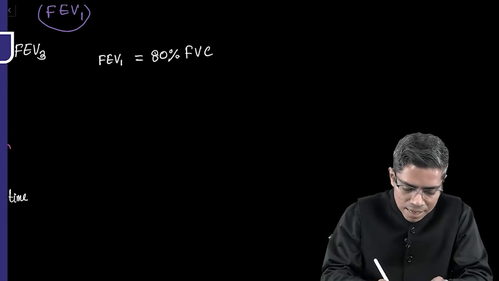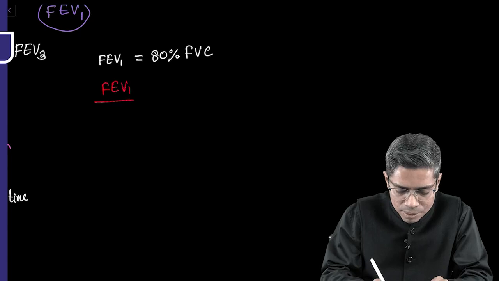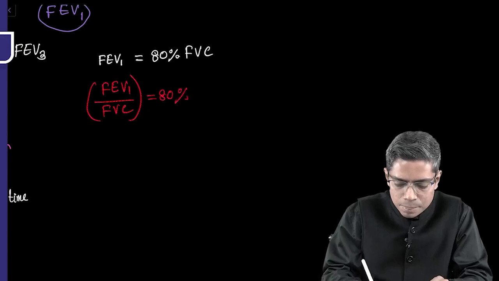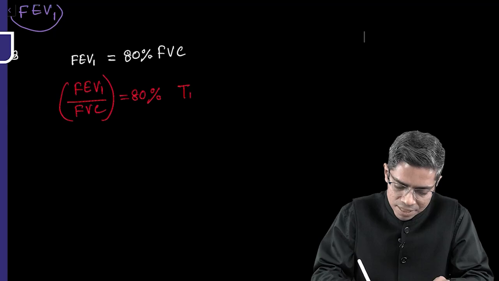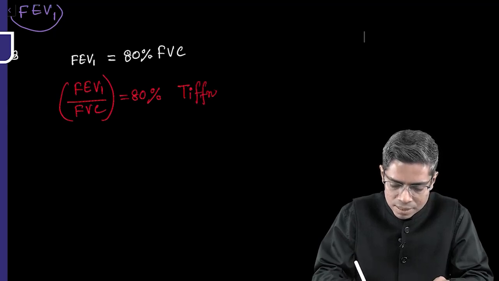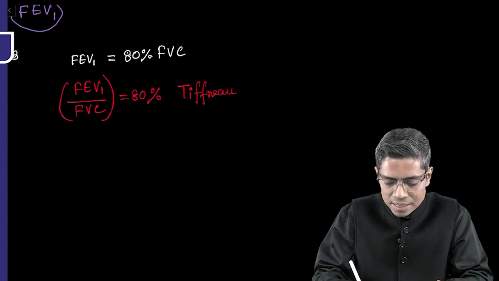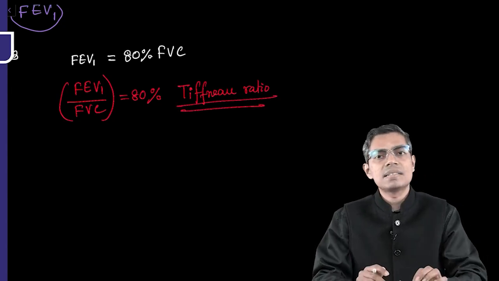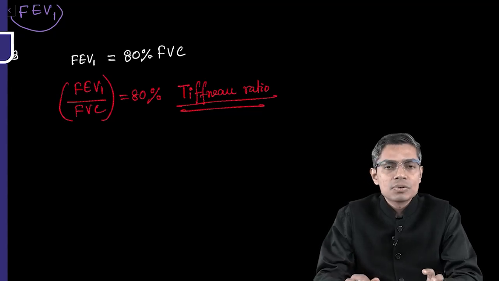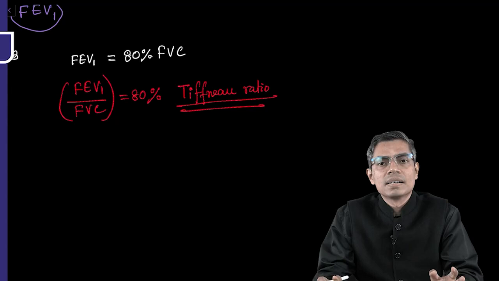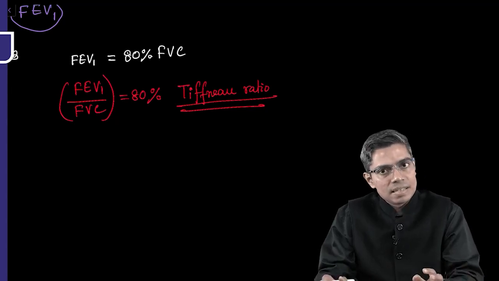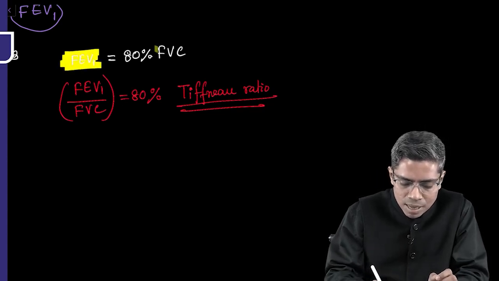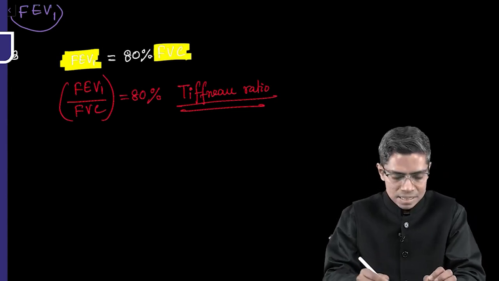That's why we say that the ratio of FEV1 upon FVC is 80%, and this ratio is very important. This is known as the Tiffeneau ratio or Tiffeneau index, and it is used for diagnosis of two different types of lung disease, obstructive disease and restrictive disease. So you have to remember that the normal value of FEV1 upon FVC is 80%.